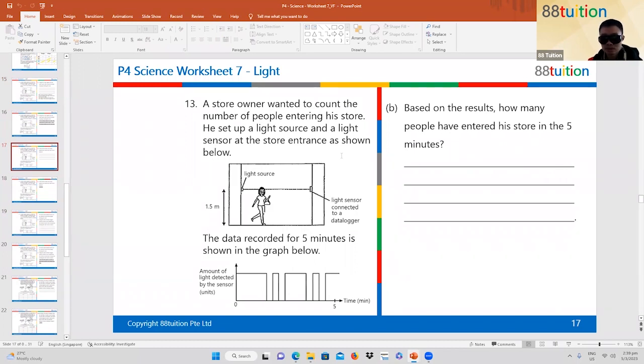Can you start to do question 13 and share your answer in the chat? Can you type out your answers in the chat, and I check it.